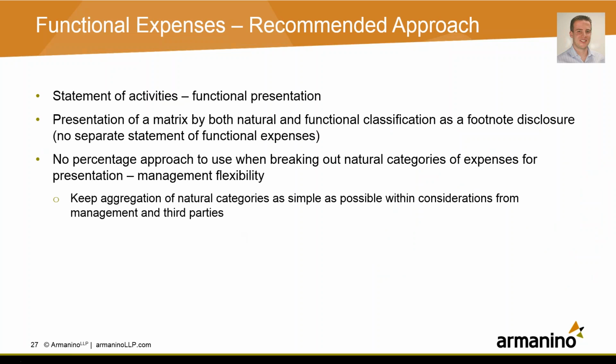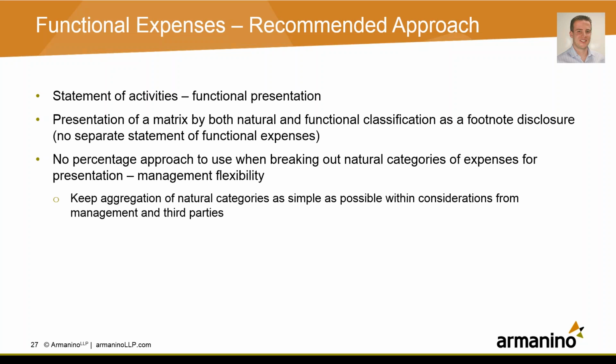And just to wrap this up on functional expenses, our recommended approach is the functional presentation on the statement of activities, with the footnote showing both natural and functional classification. The last thing I wanted to mention here was the guidance doesn't give any indication, when you're looking at natural classes of expenses, on whether you should present all those greater than 10% of total expenses.